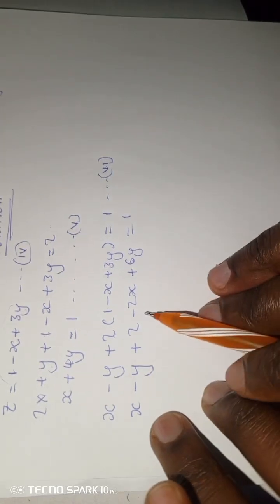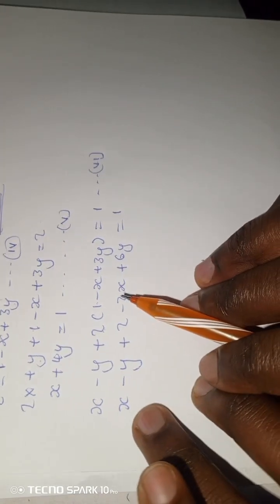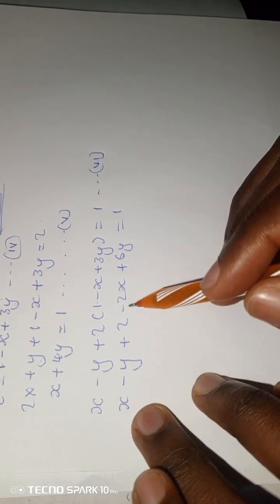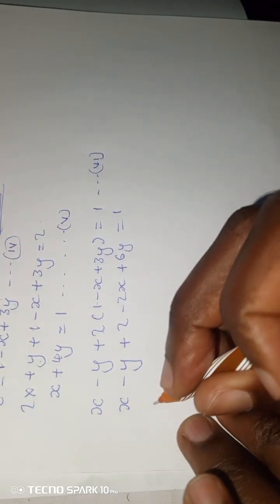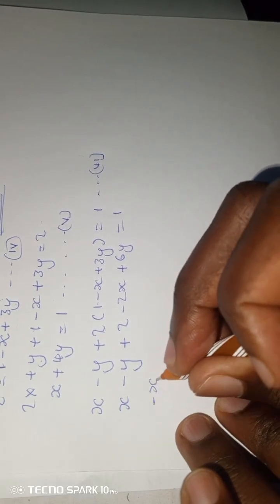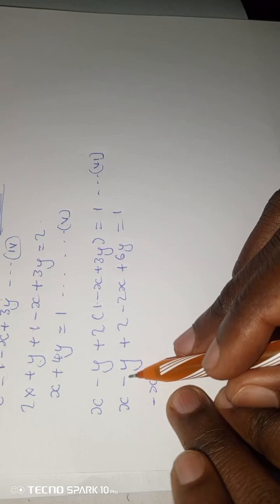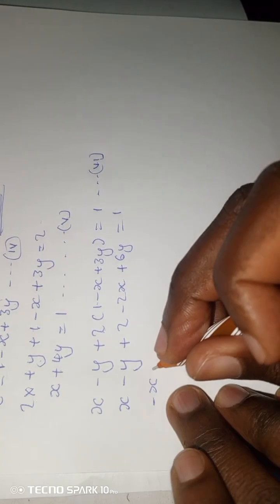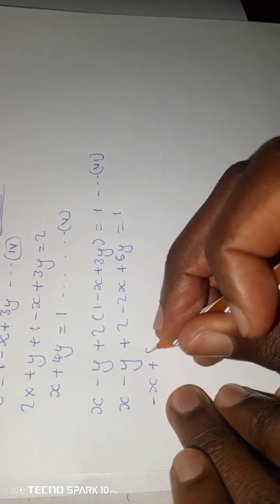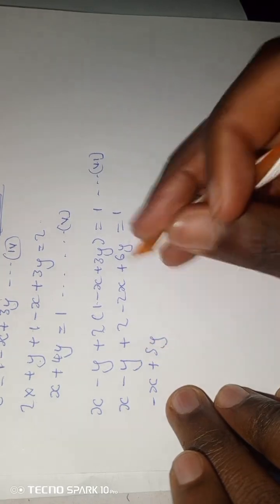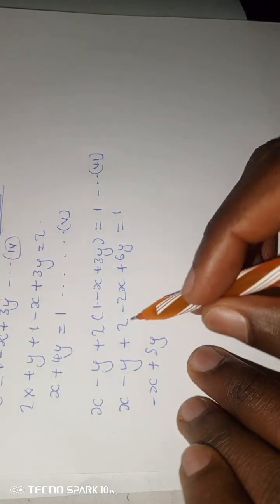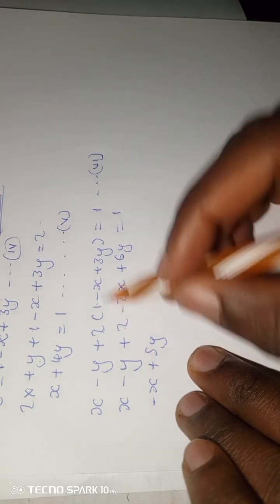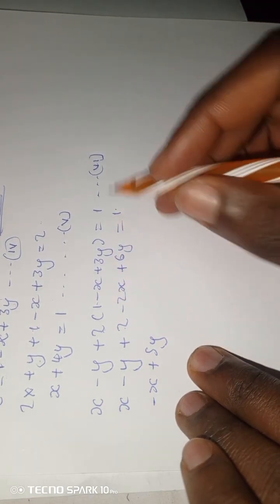So from here I'll group the like terms. x minus 2x gives me negative x. Then negative y plus 6y gives me positive 5y. We subtract and take the sign of the bigger number. Then the 2 here is positive; when it goes to the other side it becomes negative.